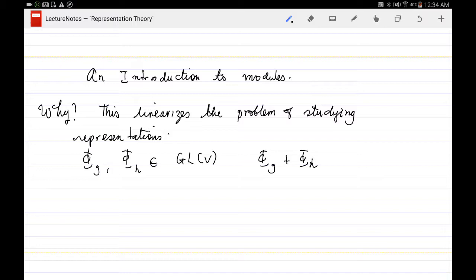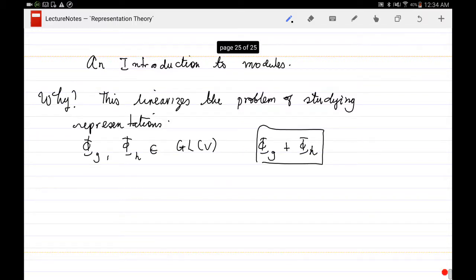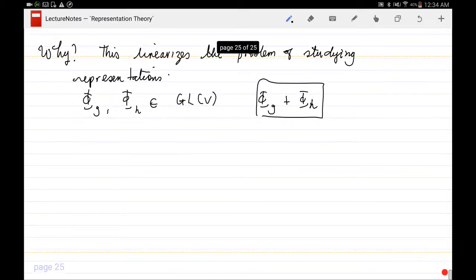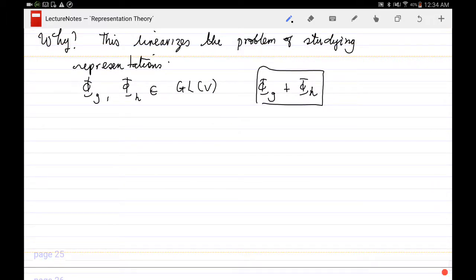Linear operators can be added. But nothing in the study of representation theory so far have we considered such an object, this linear sum. So we would like a way to incorporate the idea of adding these things.